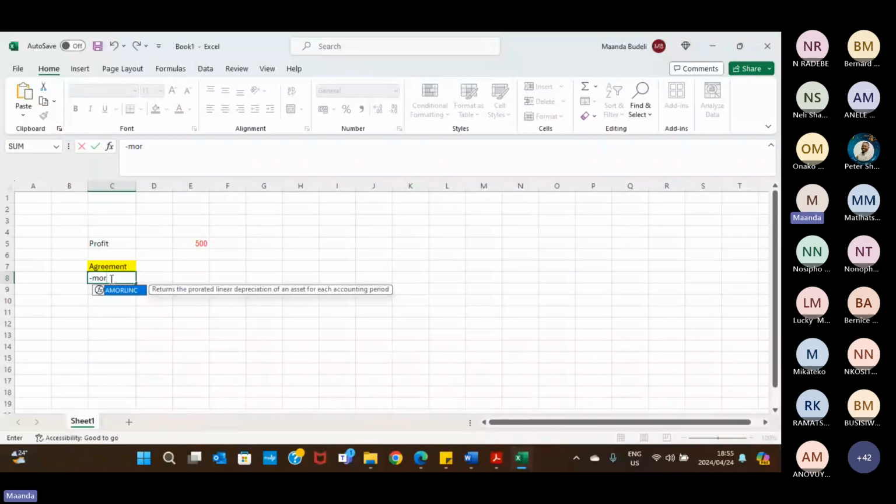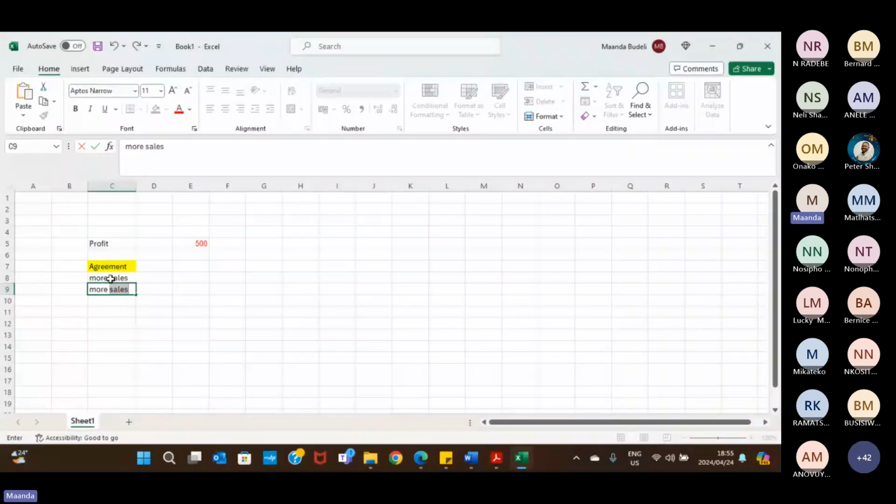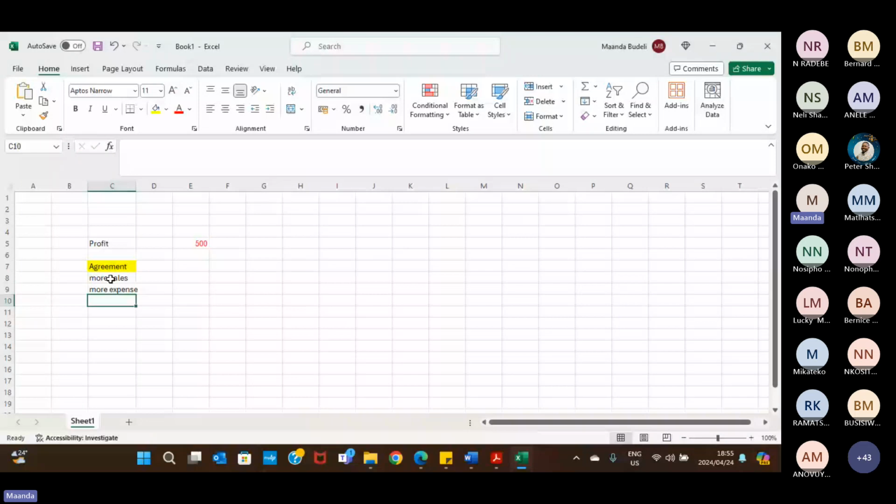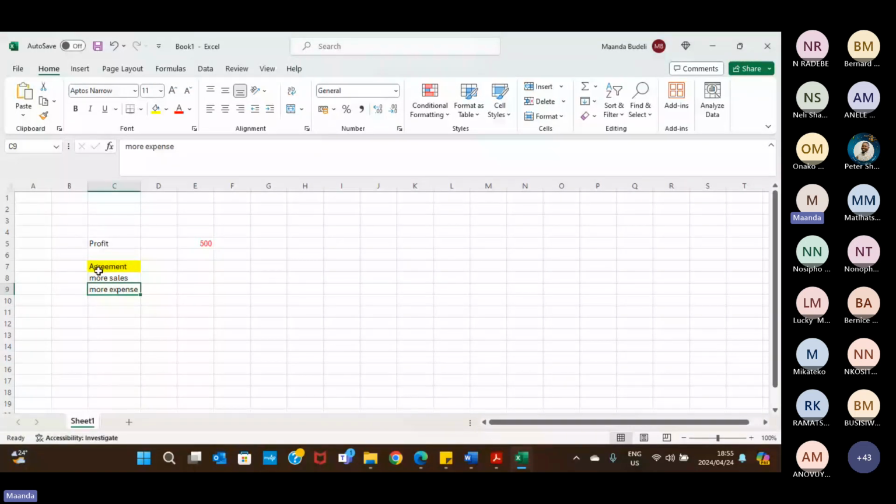Based on this agreement, I might have more expenses, because the components of profit are sales and expenses and your cost. So I might need to have more of this.